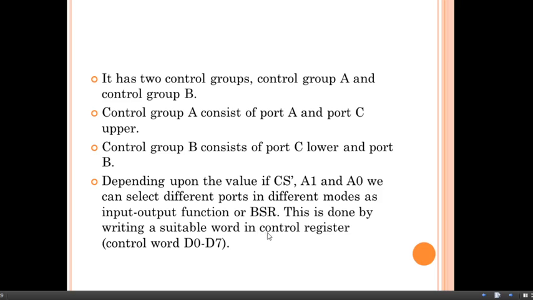Depending upon the value of CS bar, A1 and A0, we can select different ports in different modes as input output function or bit set reset mode. This is done by writing a suitable word in the control register.